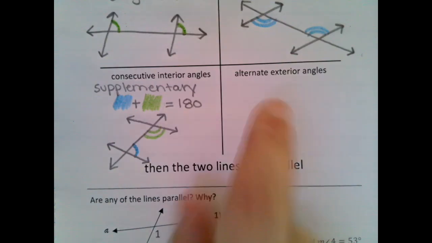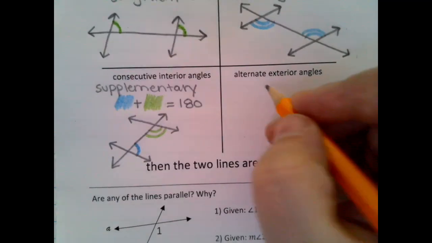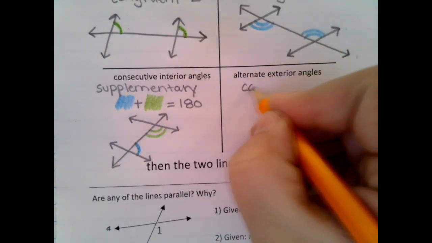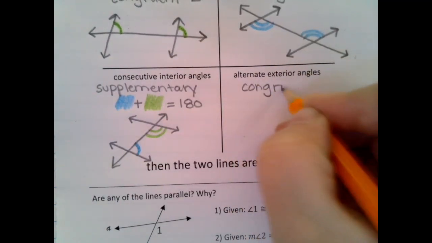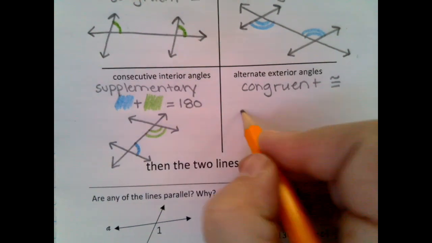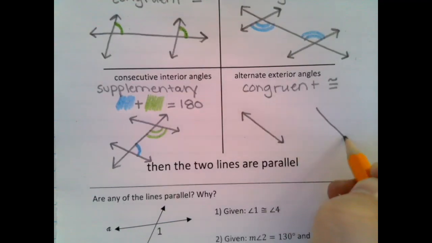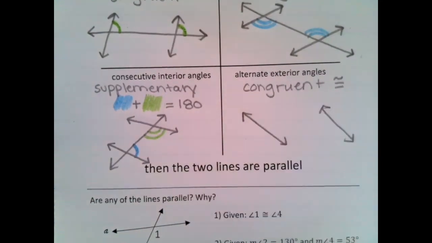All right, and then our last theorem here, our last converse, is alternate exterior angles. And what are alternate exterior angles supposed to be? Congruent. I have two lines that definitely are not parallel.